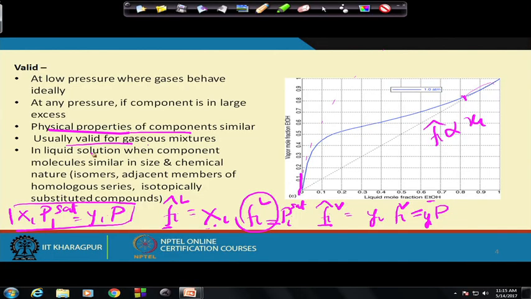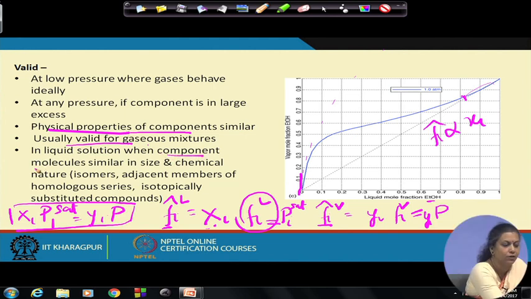But for liquid solutions, where the interactions are very important, in very few situations will the interaction between like molecules be similar to the interaction between unlike molecules. In other words, the interactions between AA molecules and BB molecules will be different from the interaction between AB molecules for most cases of a binary solution of A and B, right. So in liquid solutions the Lewis-Randall rule is applicable when the component molecules are similar in size and chemical nature.